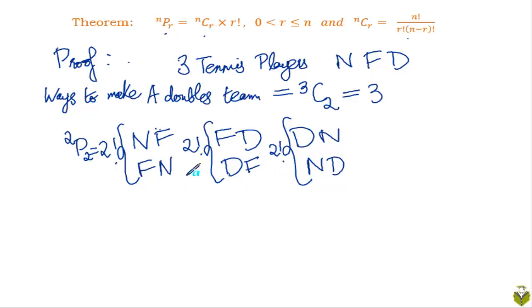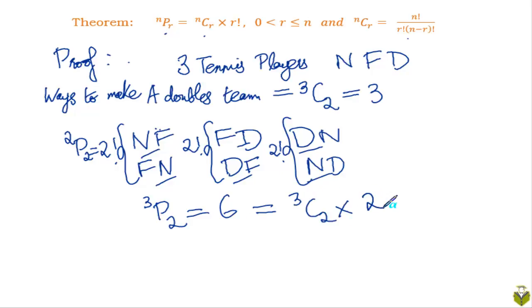So in this case, if you see, there are 6 permutations. What is the number of permutations you have? 3P2, or 6 possible arrangements of 3 objects taken 2 at a time, and these are equal to 6, because 6 is equal to 3C2 times 2 factorial.